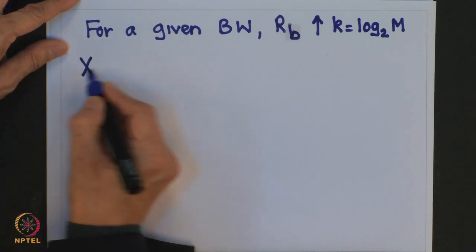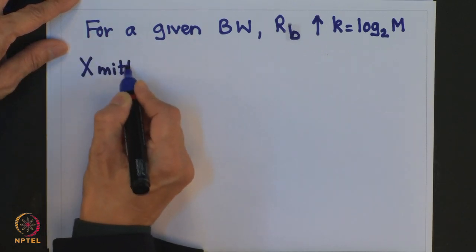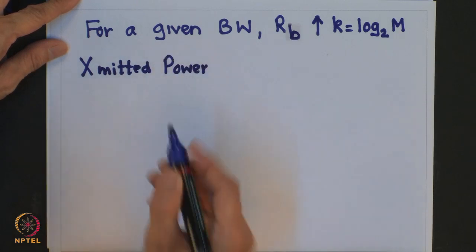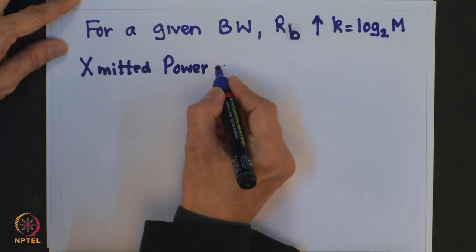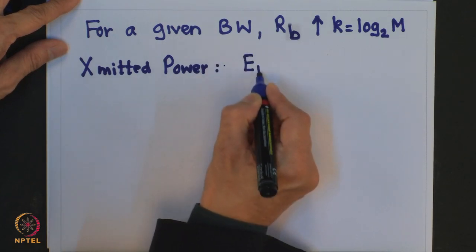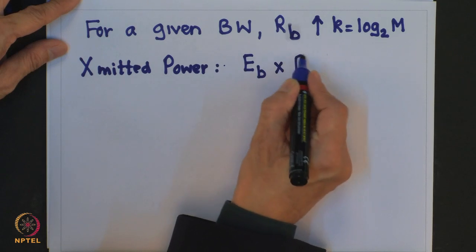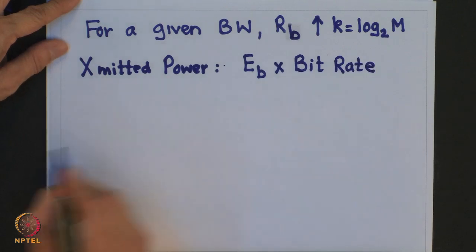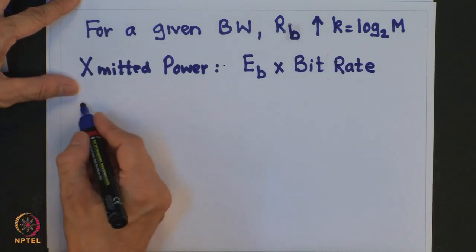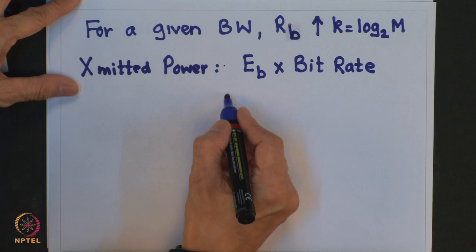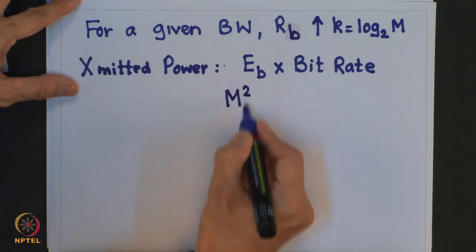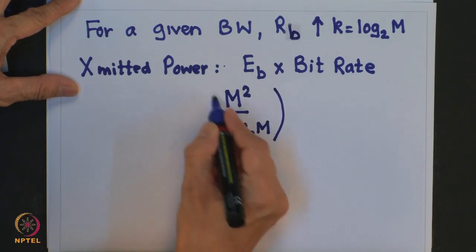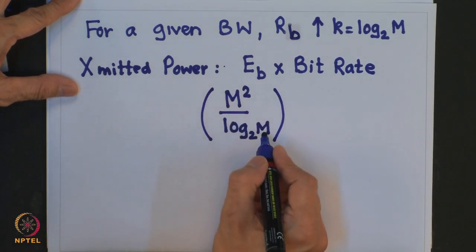So, in this case the transmitted power, which is Eb multiplied by bit rate, has to increase by the factor M squared by log of M to the base 2.